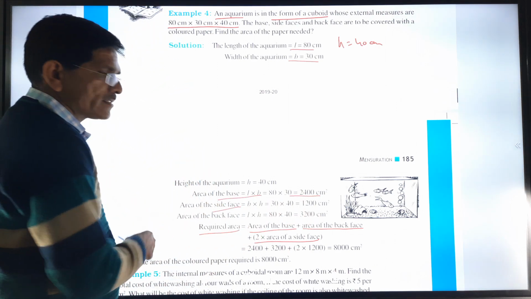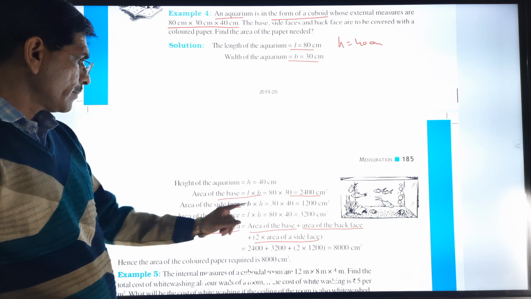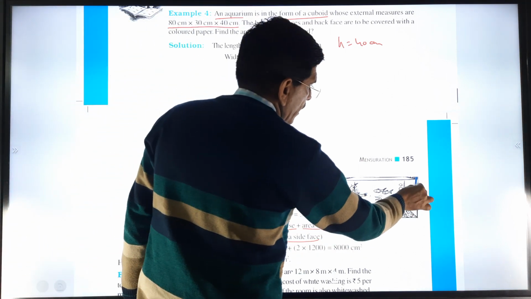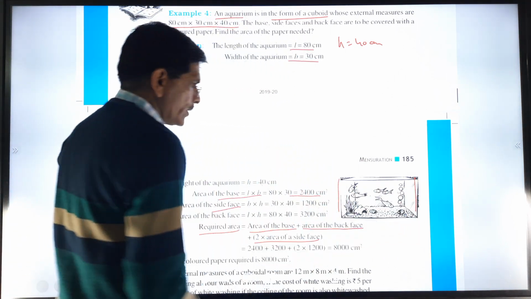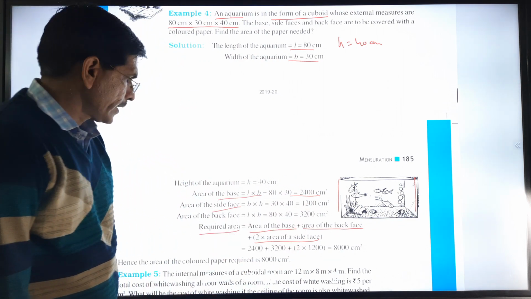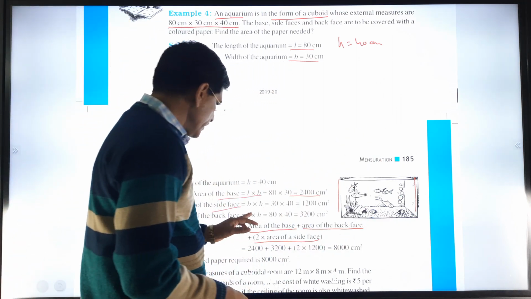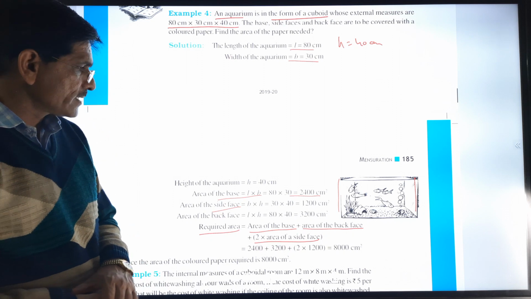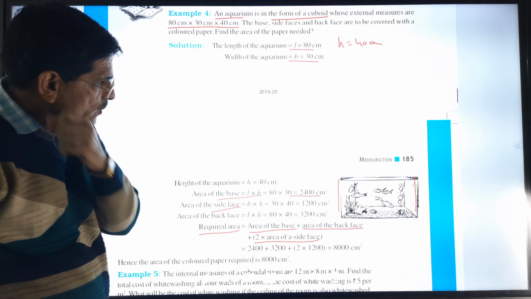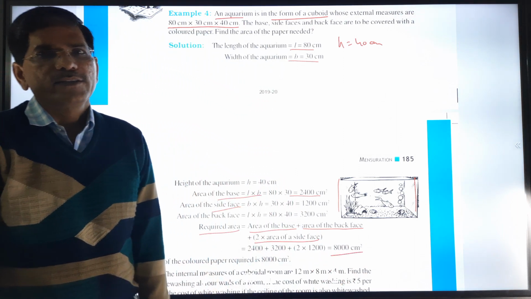Area of side face is B into H, 1200, but it has two, left and right sides, so 1200 into 2 is 2400. And area of the back side of the aquarium is L into H, 80 into 40, that is 3200. So the total answer is 8000 centimeter square.